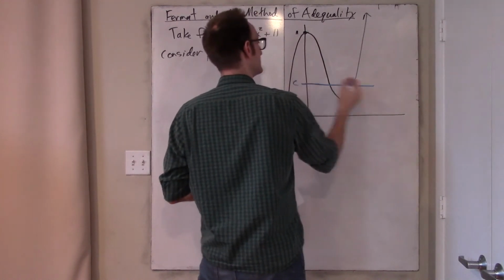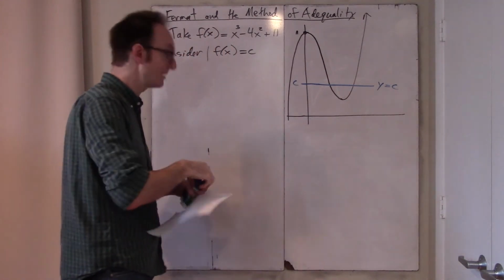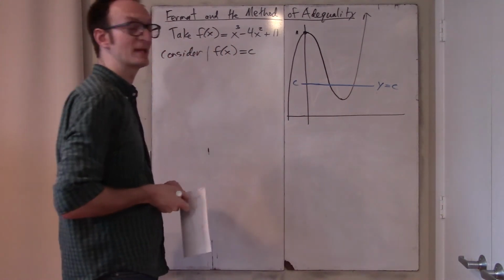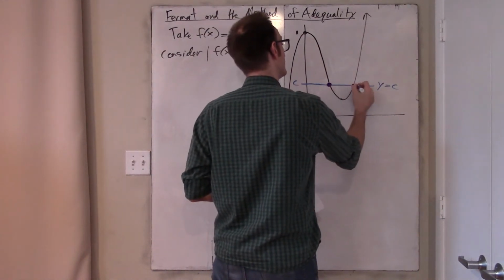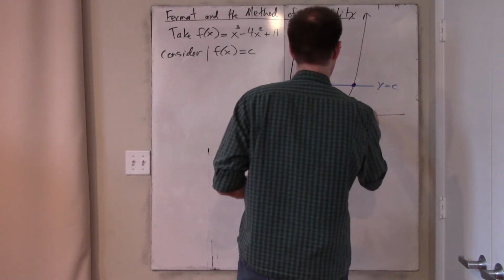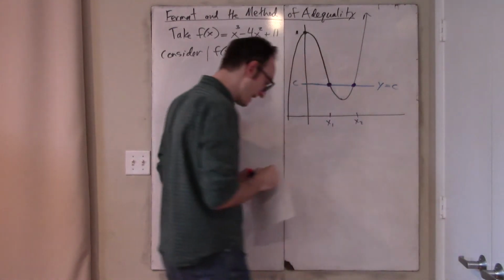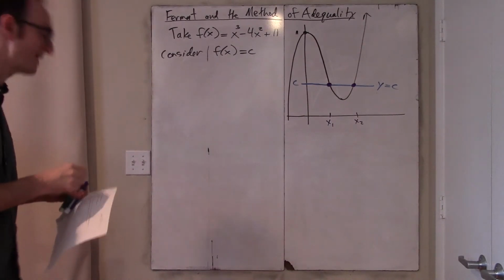That's c. This is just the line y equals c. And indeed, it appears if c is something like 3-ish, but it really doesn't matter, but on the picture I drew it as if it were like 3 or something, that there are going to be 2 points of intersection, x1 and x2. And I want to find what those points are. Or really, I don't want to find what they are at all.